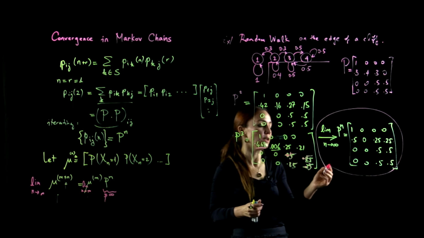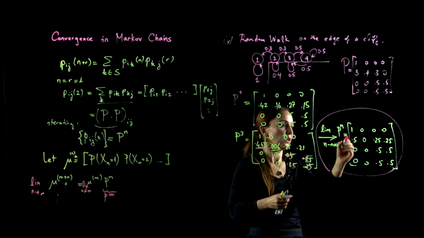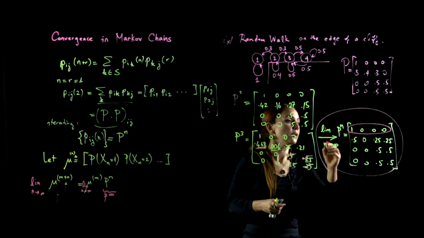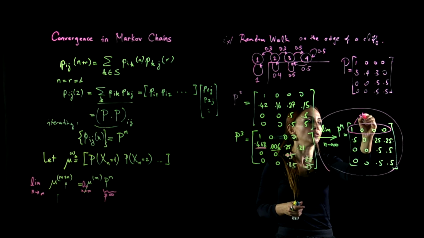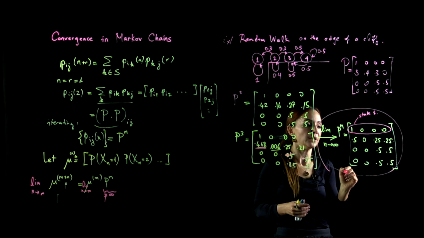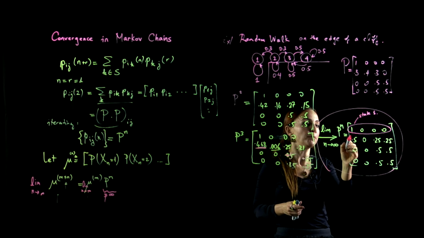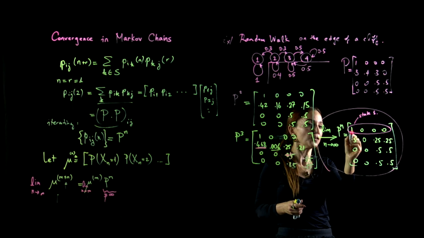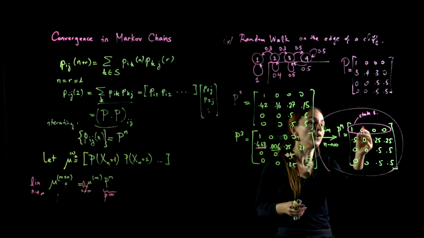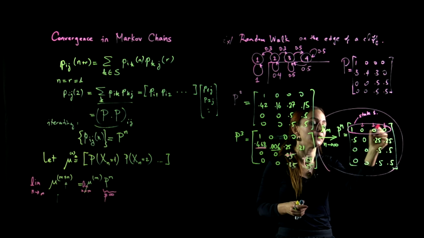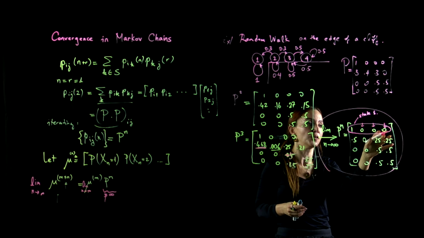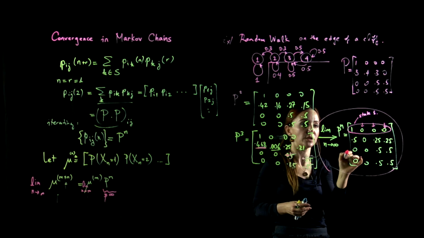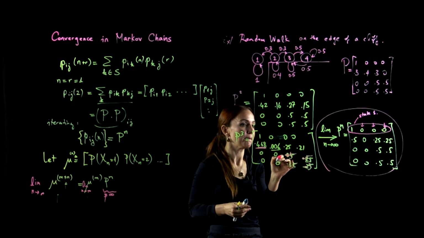If you look at the first row, it belongs to state 1. This means that the probability that you are in any state, given that you start in 1, is 0, except for state 1 itself. Okay.